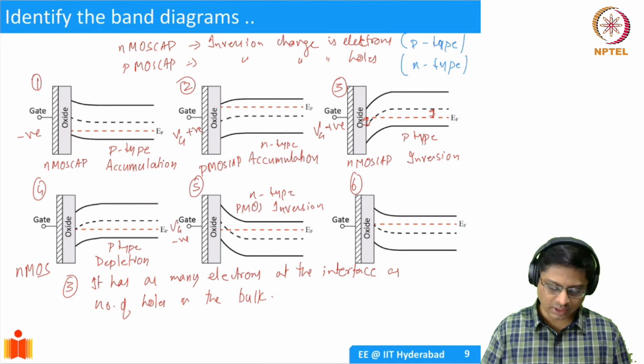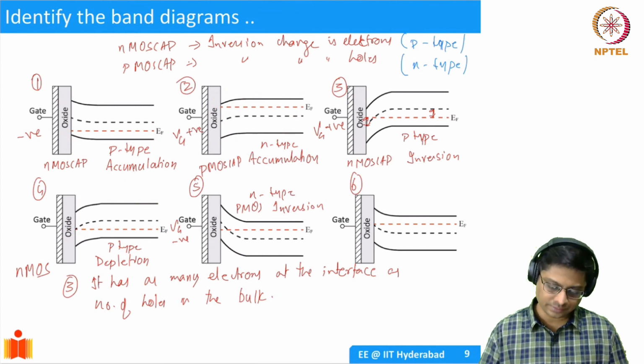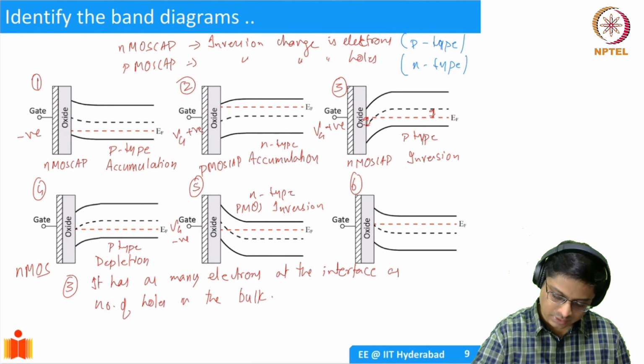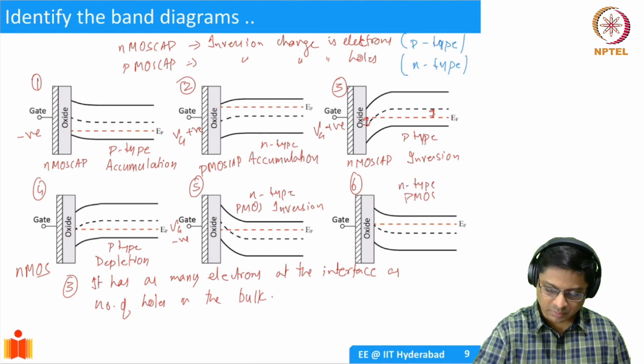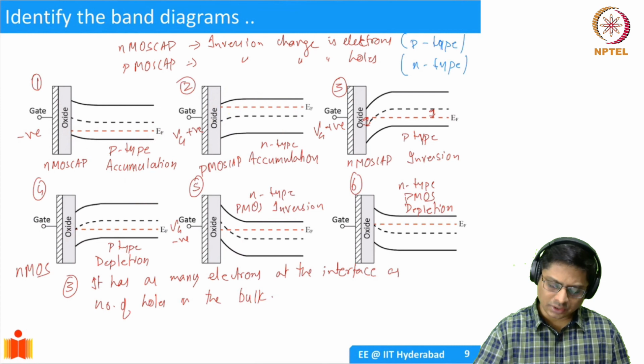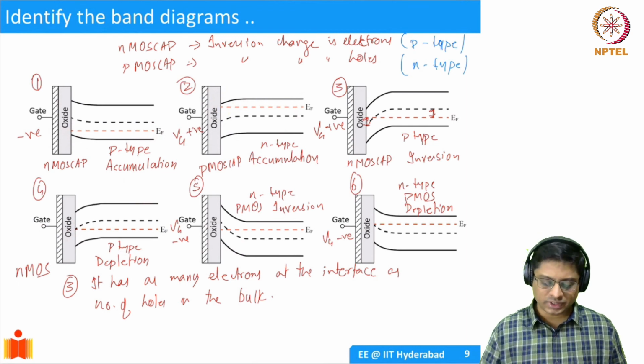That's when you can have holes at the surface. The last one, again an N-type substrate, so PMOS and depletion. If you're pushing away electrons, you need to have Vg negative. So this is how you can analyze.